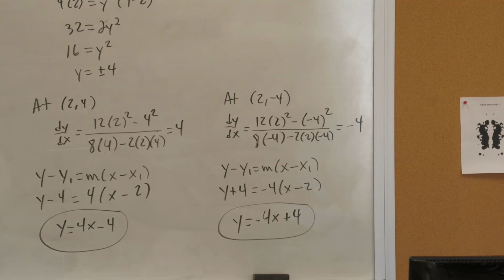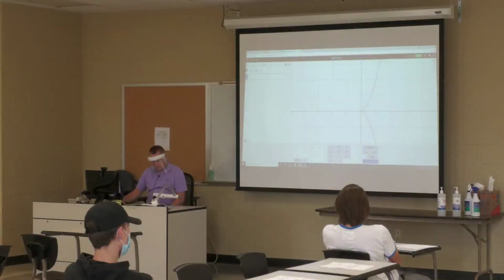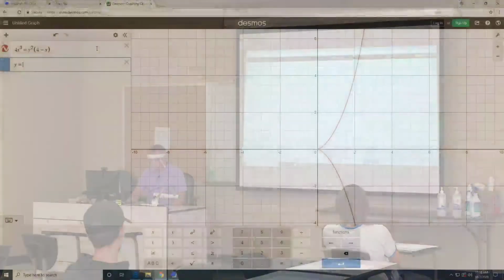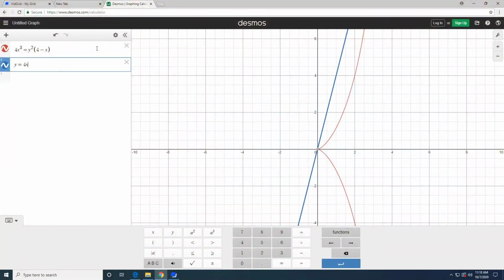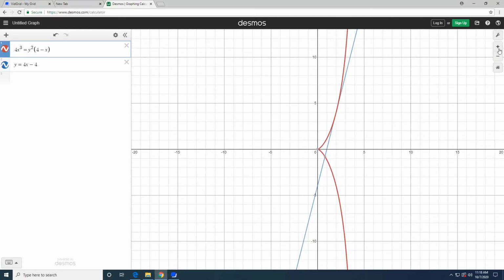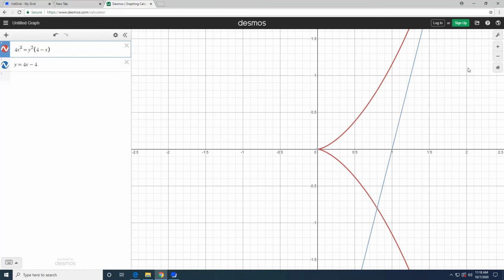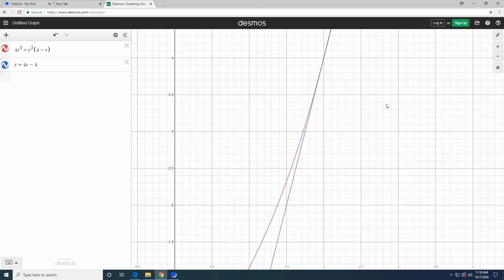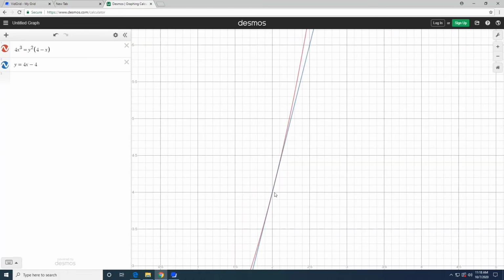All right, let's graph those two on this graph. We should have y equals 4x minus 4. Okay. It's not a function, so we can't. All right, so that looks like we did good there at 4. Okay. Right there, that's sharing that point.